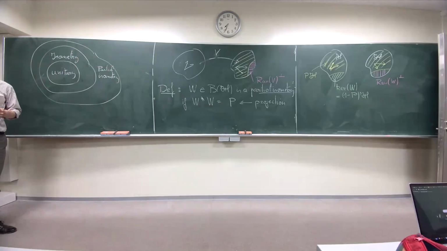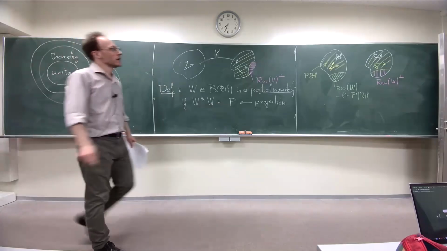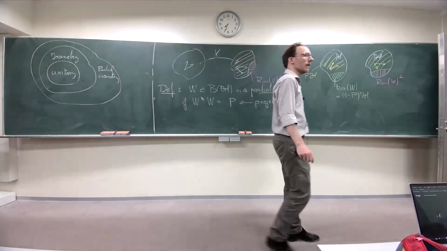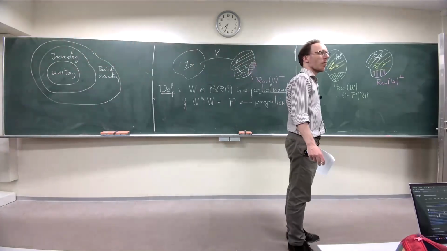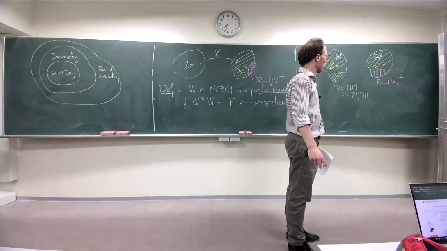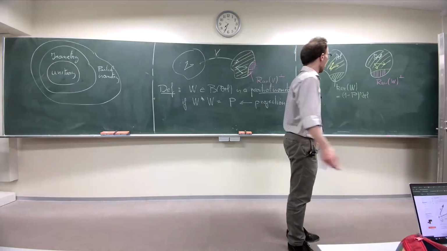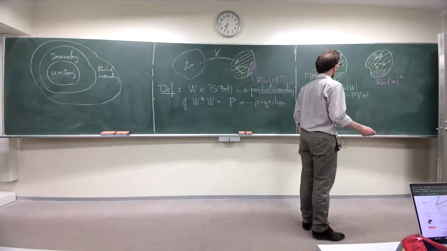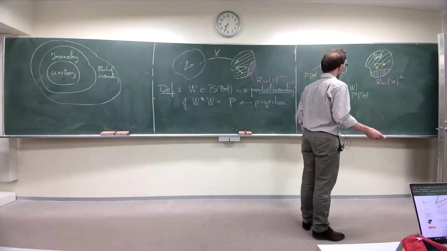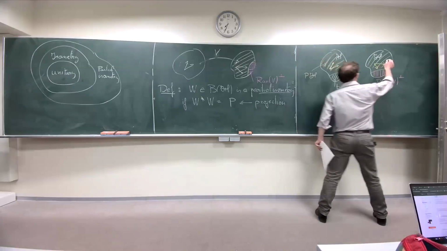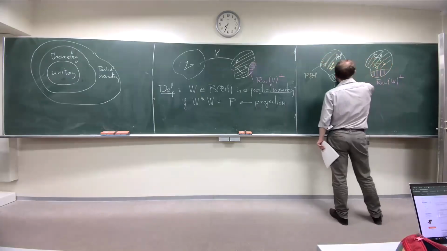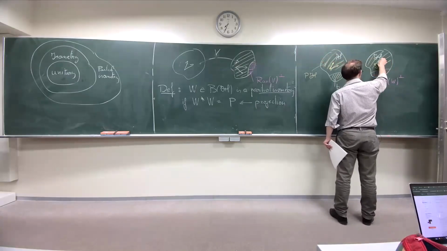Yes. So if you have any element, I would assume the zero element on the right-hand side is the range of W orthogonal. So somewhere we have the 0 element, and this is sent to 0.